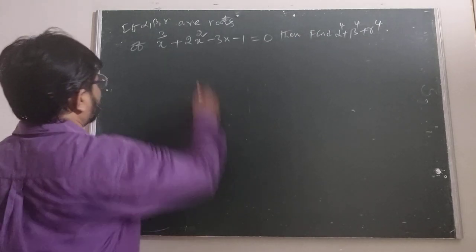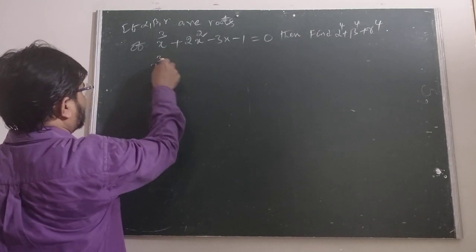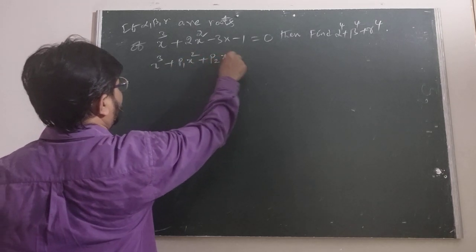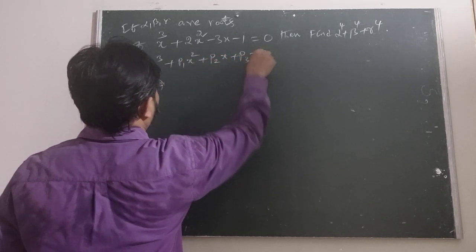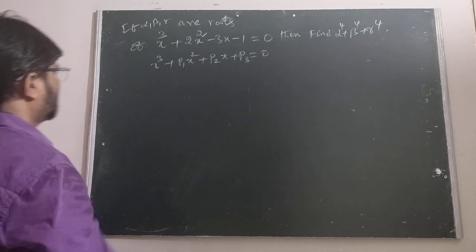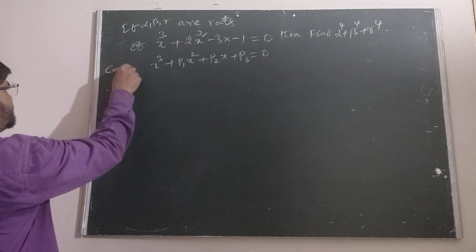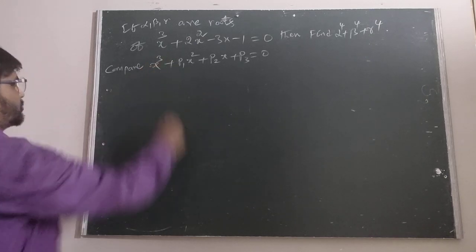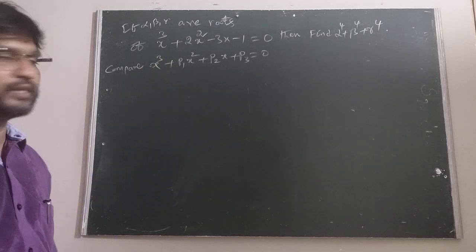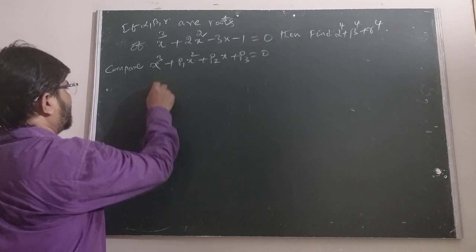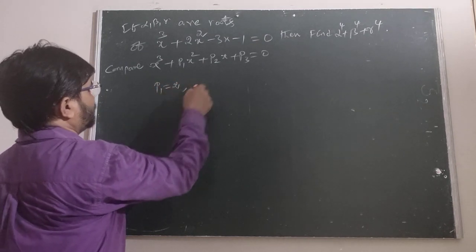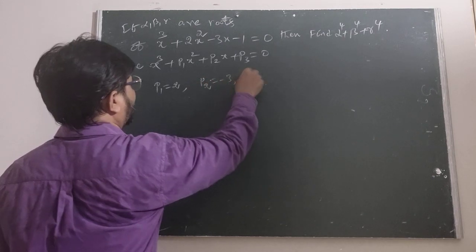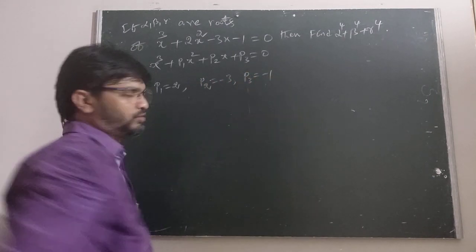The given equation is compared with x cube plus p1 x square plus p2 x plus p3 equal to 0. Here p1 is 2, p2 equals minus 3, and p3 is minus 1.